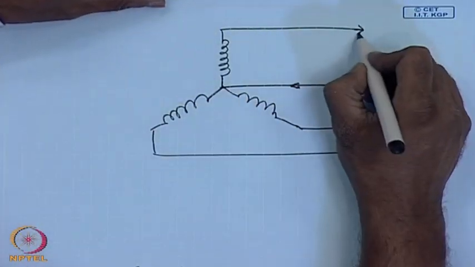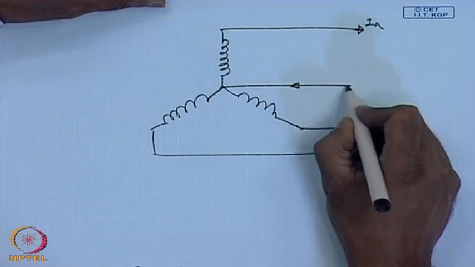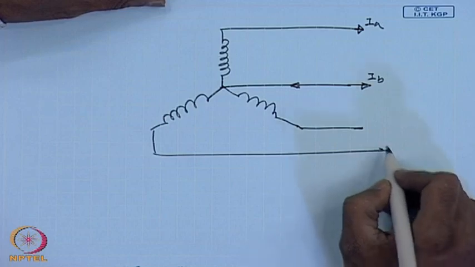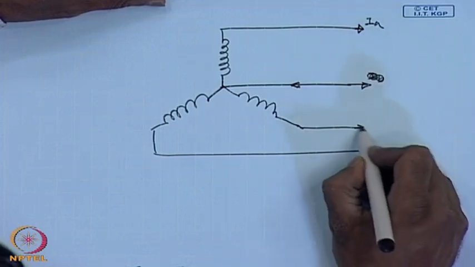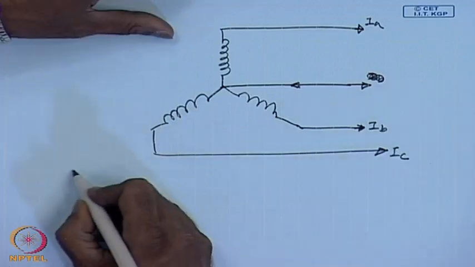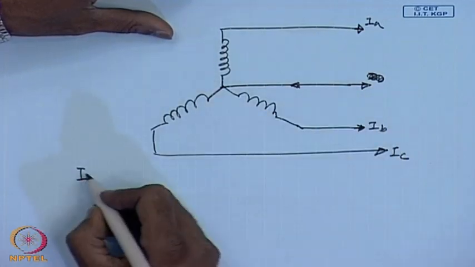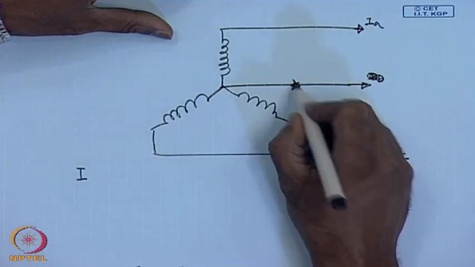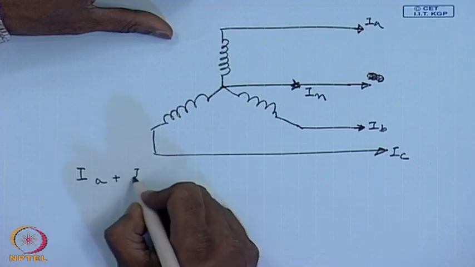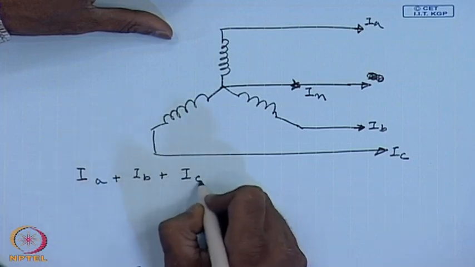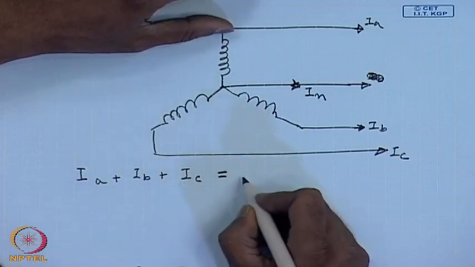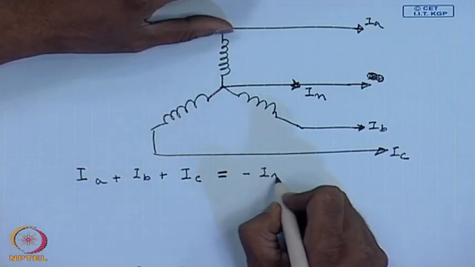If the line currents are I A, I B and I C, and the neutral current is I N, then I A plus I B plus I C equals minus I N.